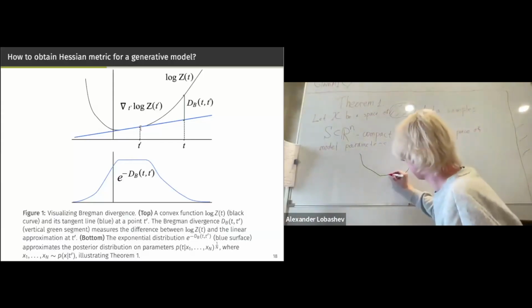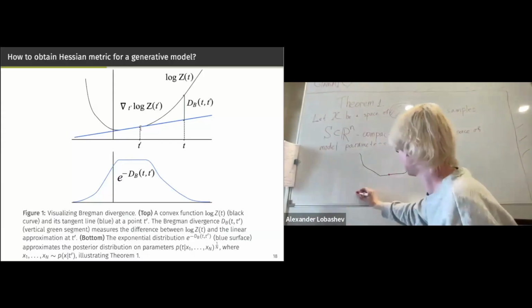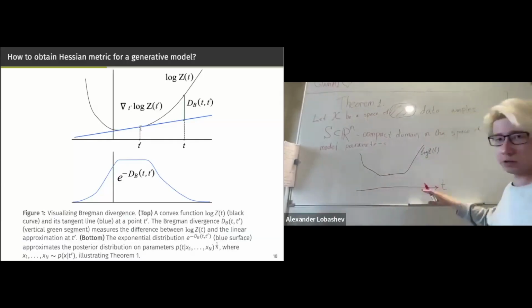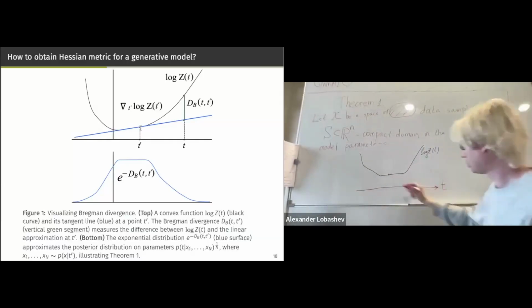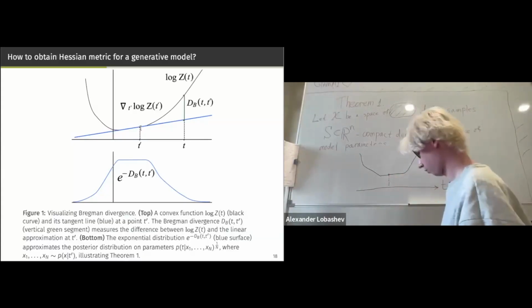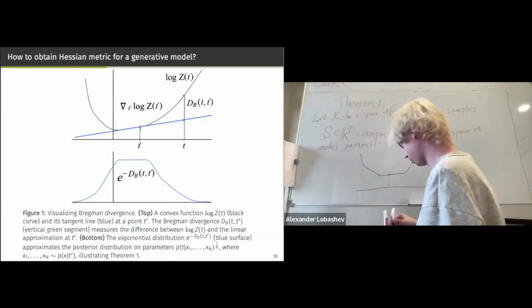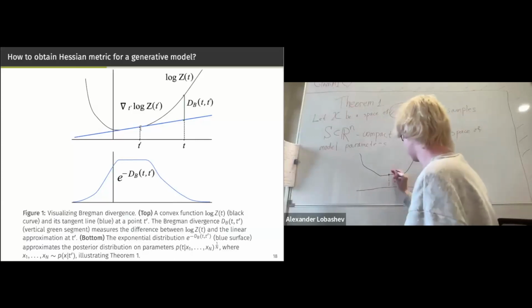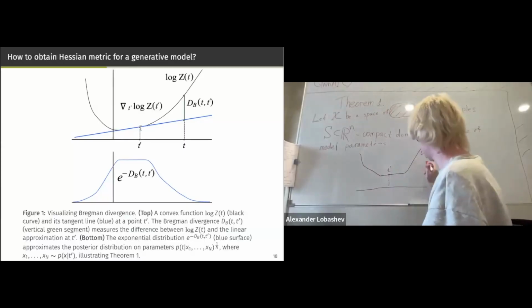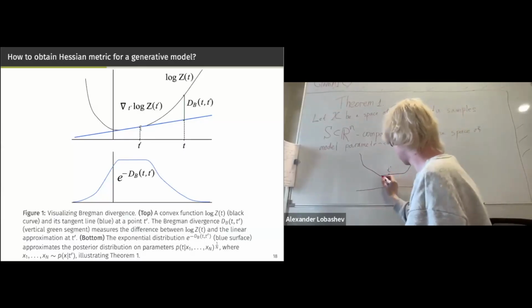And we have some ground truth value of parameters. So in this case, the space of parameters is one-dimensional. And let's look at a straight line, which is the tangent line to this convex function at point t prime.